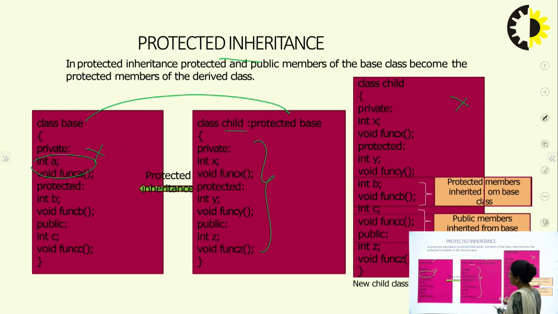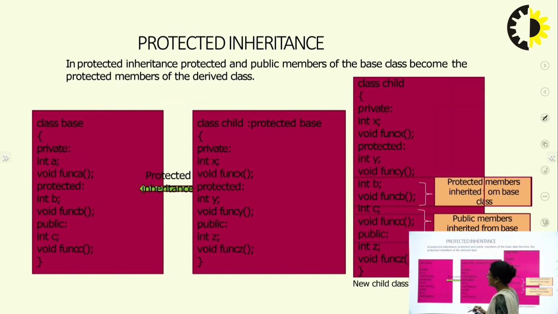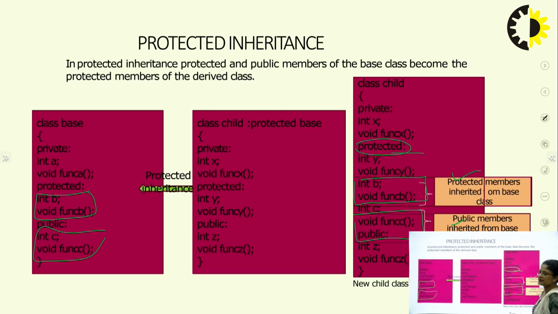So if the inheritance is protected, the protected members and the public members of the base class all come under the type protected.